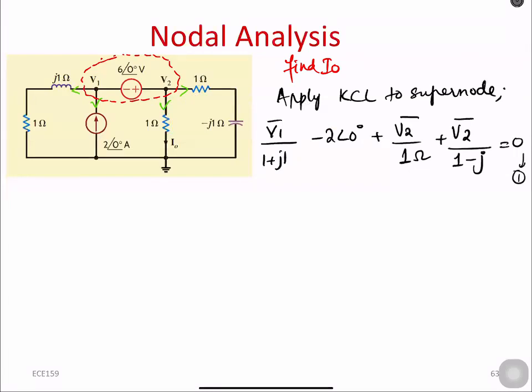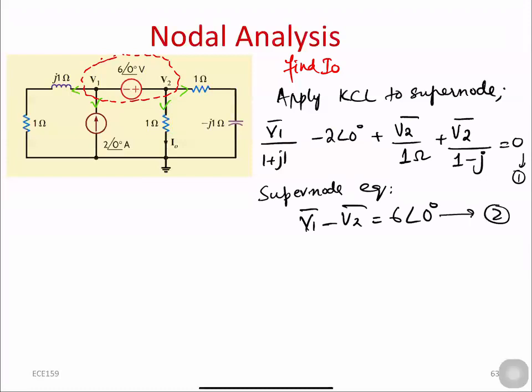And whenever you have a supernode, you need to write a supernode equation. So in this case, the supernode equation is V1 minus V2 equals to this, right? So this is our supernode equation. So again, we have two simultaneous equations.